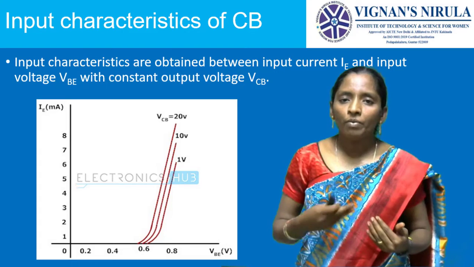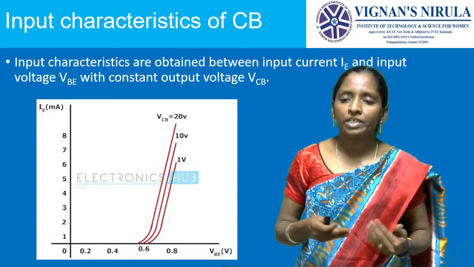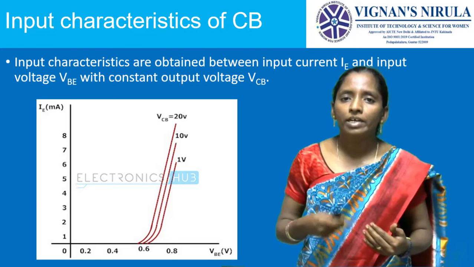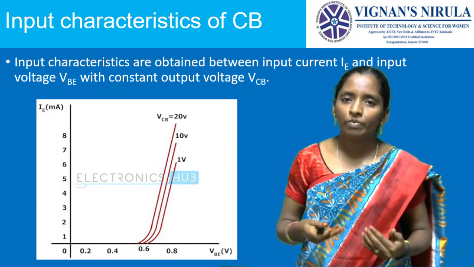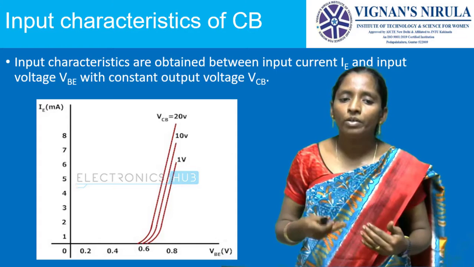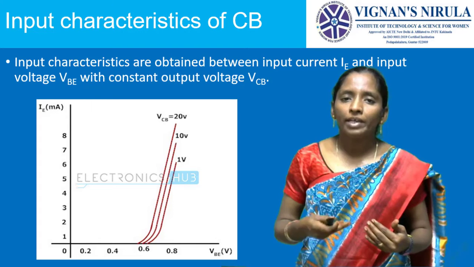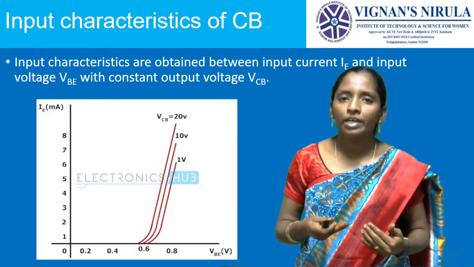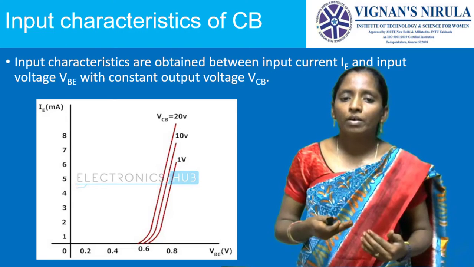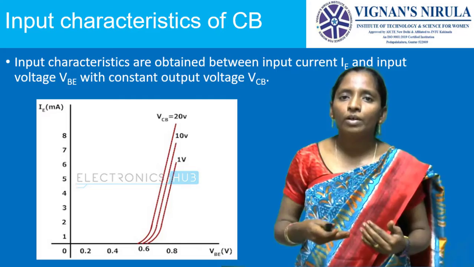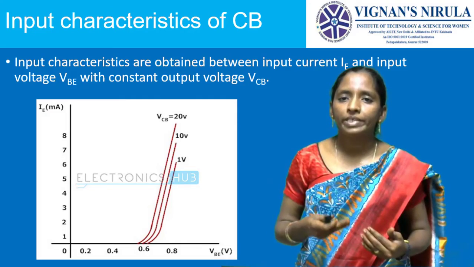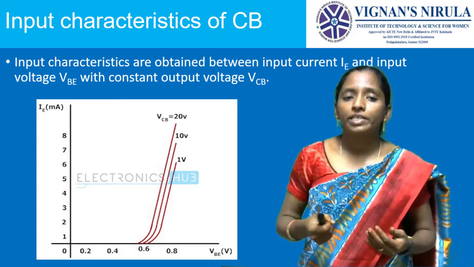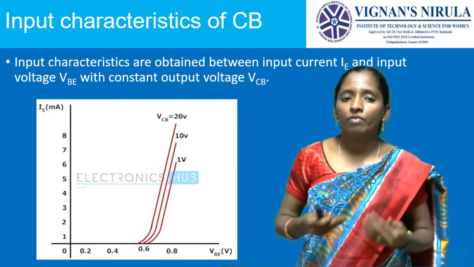And now fix the value of VCB, for example 10 volts or 20 volts, vary the VBE, that means the input voltage, and note down the corresponding input current. So repeat the process for different values of VCB. This is the input characteristics of the common base configuration.